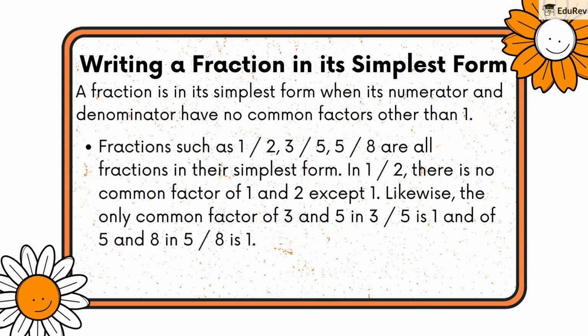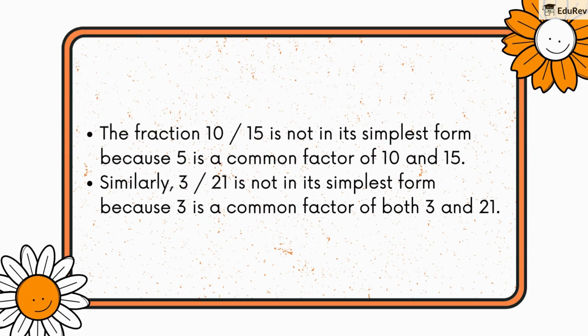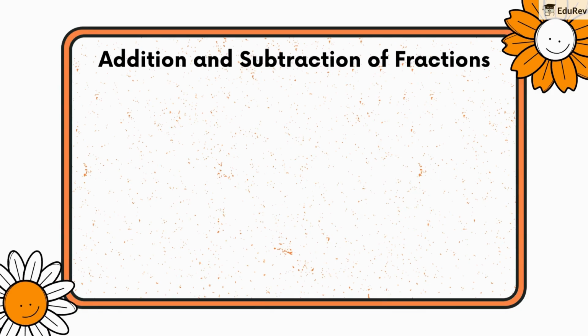Likewise, the only common factor of 3 and 5 in 3 by 5 is 1, and of 5 and 8 in 5 by 8 is also 1. The fraction 10 by 15 is not in its simplest form because 5 is a common factor of both 10 and 15. Similarly, 3 by 21 is not in its simplest form because 3 is a common factor of both 3 and 21.